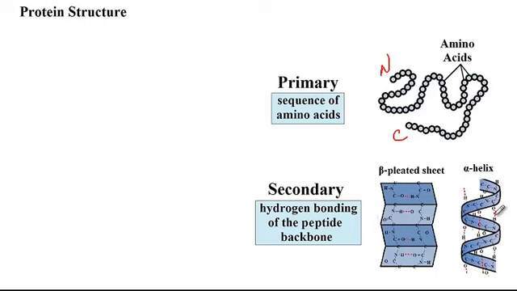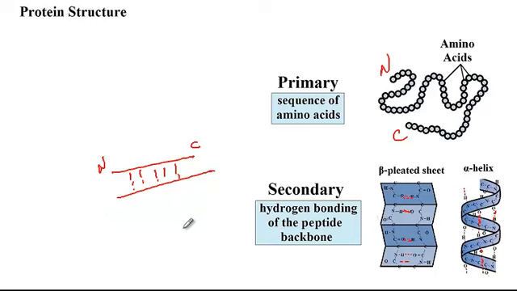So here you can see that there is hydrogen bonding between different groups. Or once two chains of amino acids come parallel to each other, they can again form hydrogen bonding between themselves, and this is called a beta-pleated sheet. So here you can see that we have hydrogen bonding that is formed. And if we have N to C and N to C, this is called a parallel beta-pleated sheet.